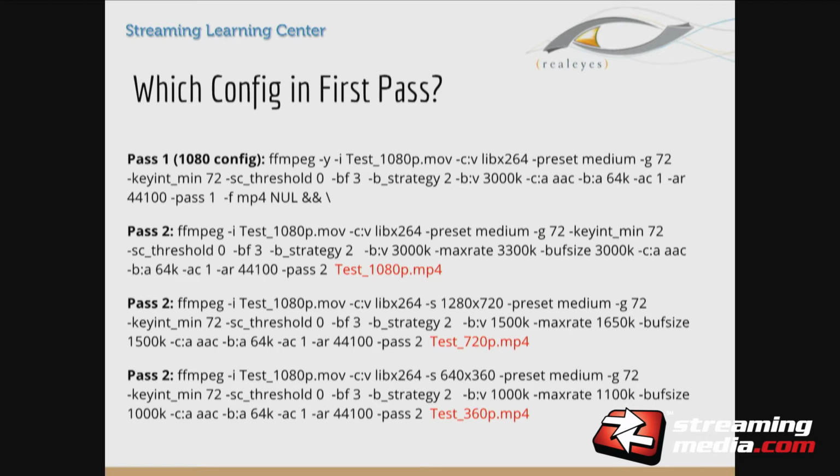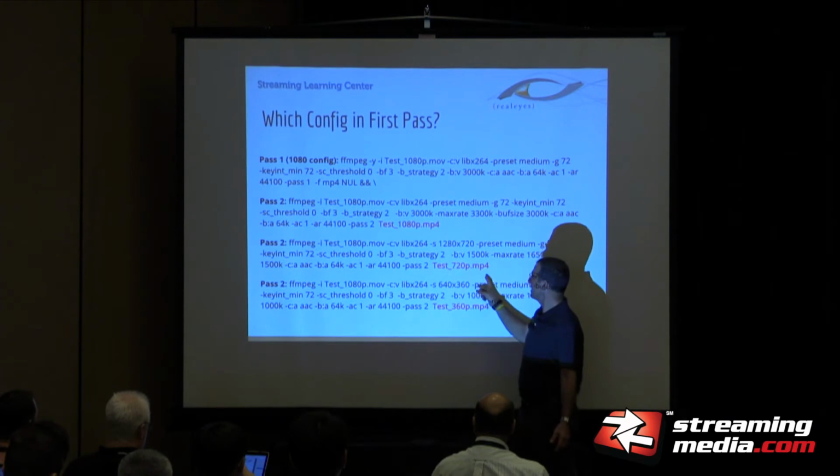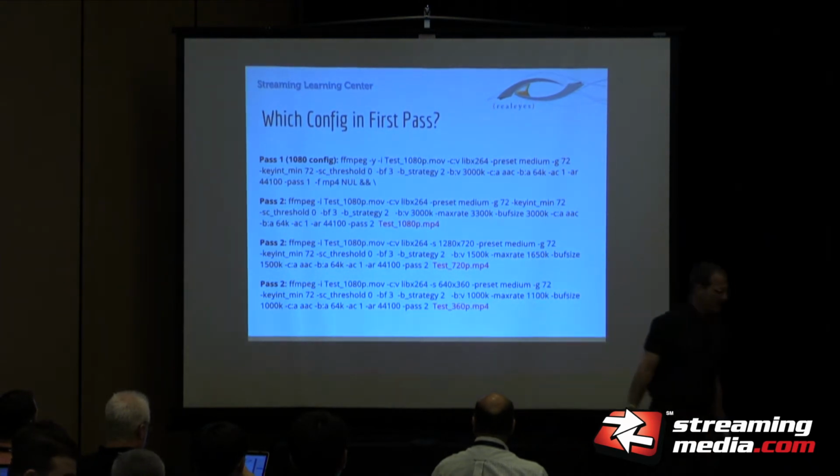In pass 2, we're creating the 1080p file here, the 720p file here, and the 360p file here. So what are the differences? The differences are going to be data rate, but most notably, we have a change in size.